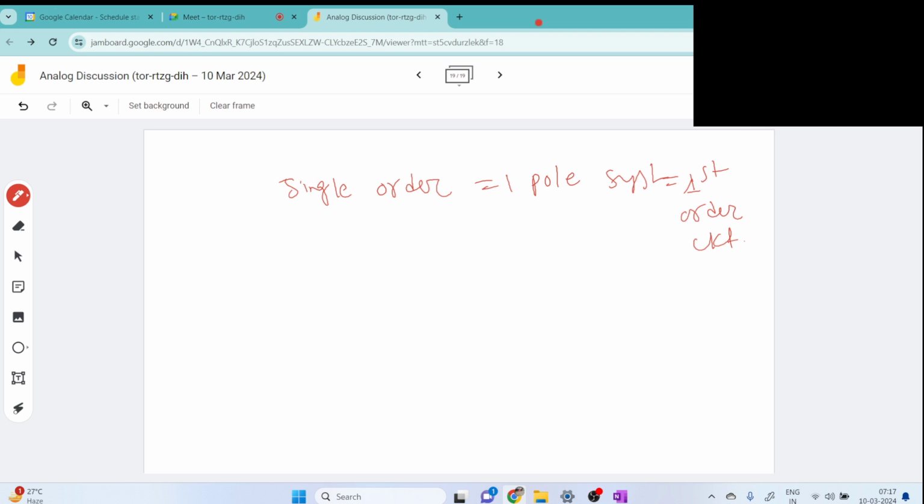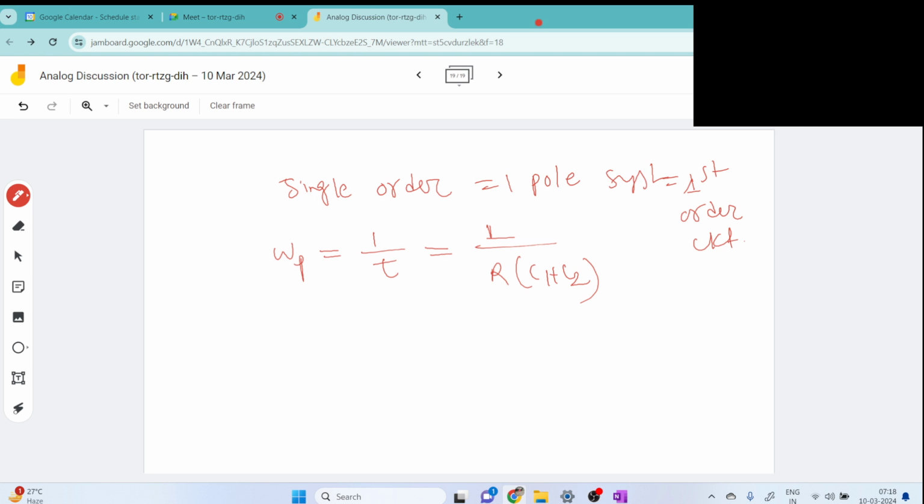For a first order circuit, the pole location is nothing but 1 by the time constant. So this will be 1 by R1 times C1 plus C2. This is the pole location.